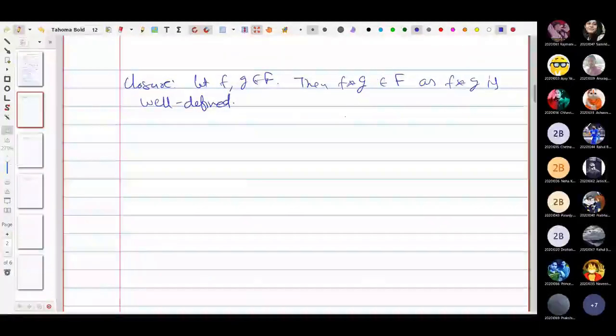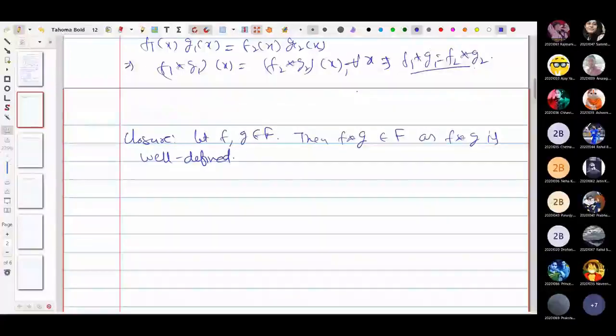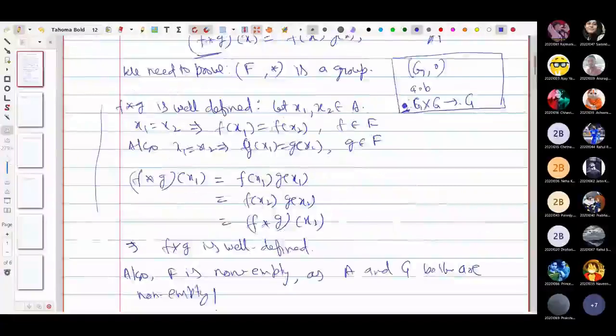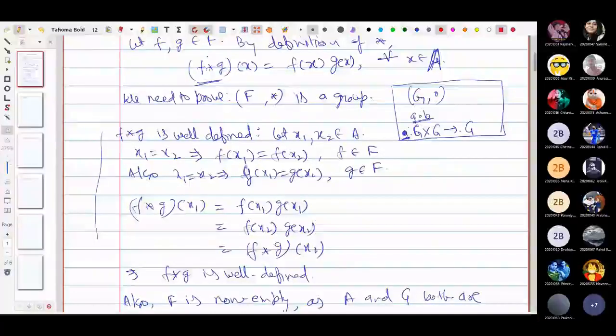For closure, what we are doing is taking two elements from capital F, and on composition, this also belongs to capital F, because this star is also a function.